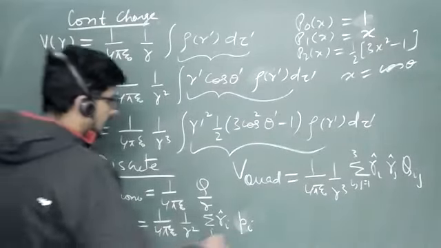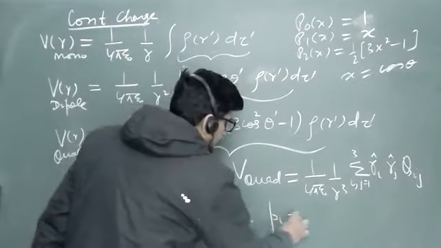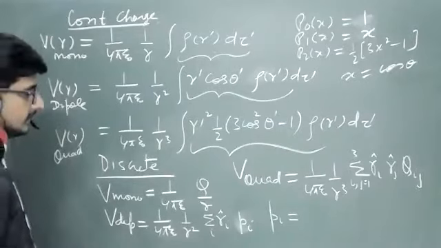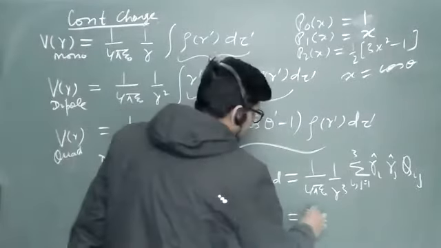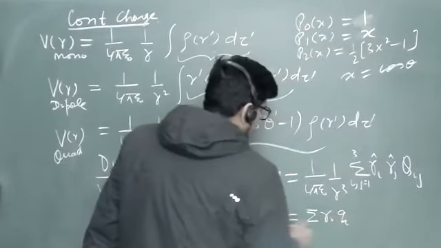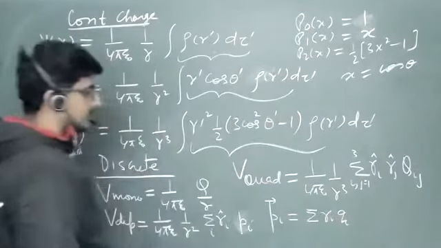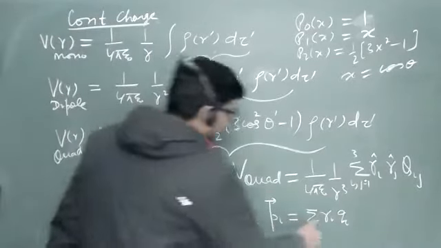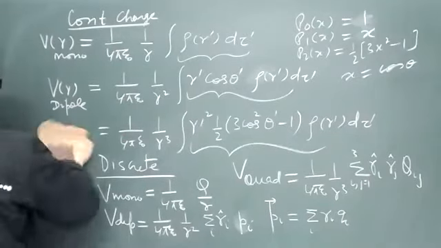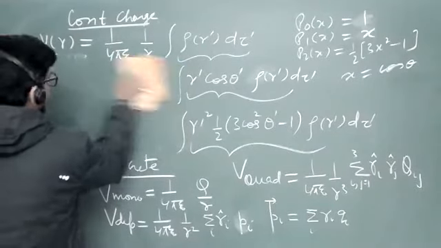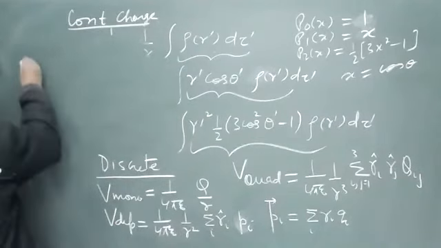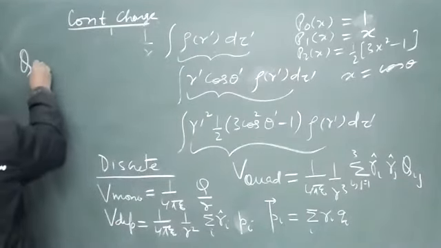So how we define a dipole moment, p? Anybody knows how to do this? p is summation ri qi, right? This is the dipole moment. And how to define this quadrupole moment q? ये बहुत ही important है. How to write the quadrupole moment in the discrete form, which I have written qij.